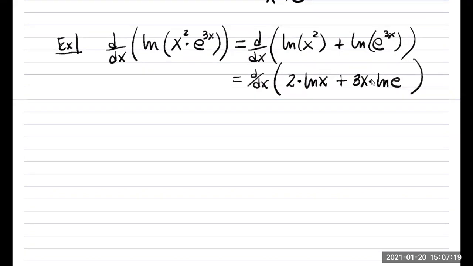Got to blow the dust off those 3 properties of logarithms going back to the old days, huh? All right, so the derivative, I can go term by term now. The derivative of the logarithm of x is 1 over x. The derivative of 3x is just 3. The natural log of e is just 1. Okay, so that's my final result right here.